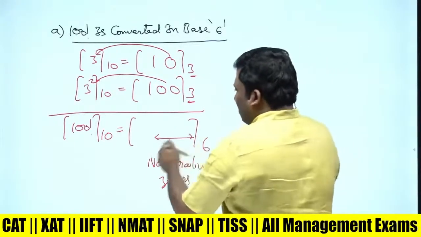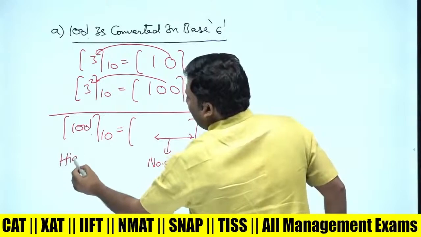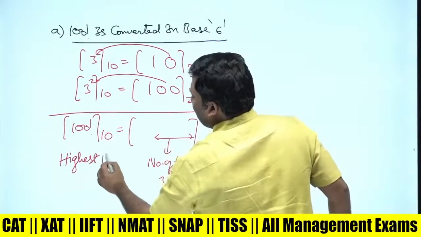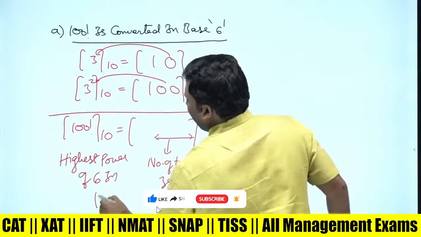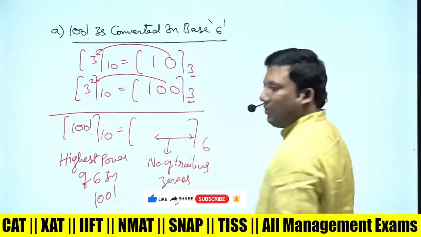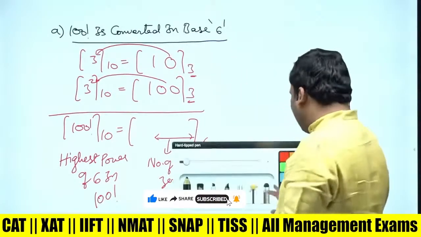Number of trailing zeros is the highest power of that base. Highest power of 6 in 100 factorial.